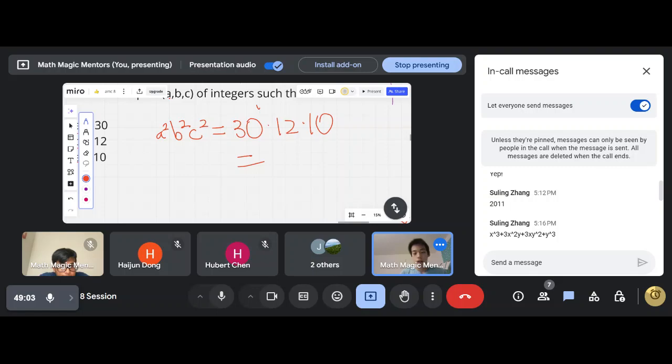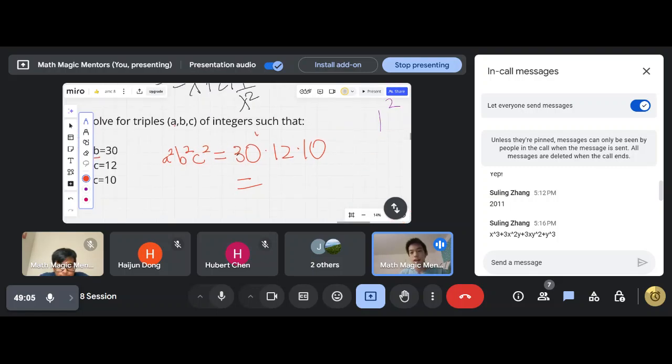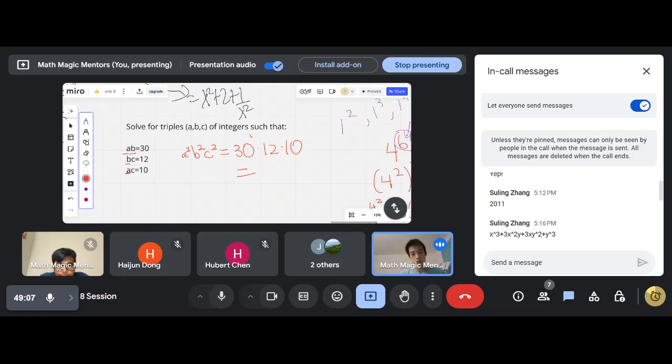Right. And then note that a, b, c are integers. So let's try to rewrite this a little bit. If you write 3 times 10, which is 30, and 2 squared times 3, which is 12, and 2 times 5, or actually, we can just leave it as 10. That would be a lot easier.